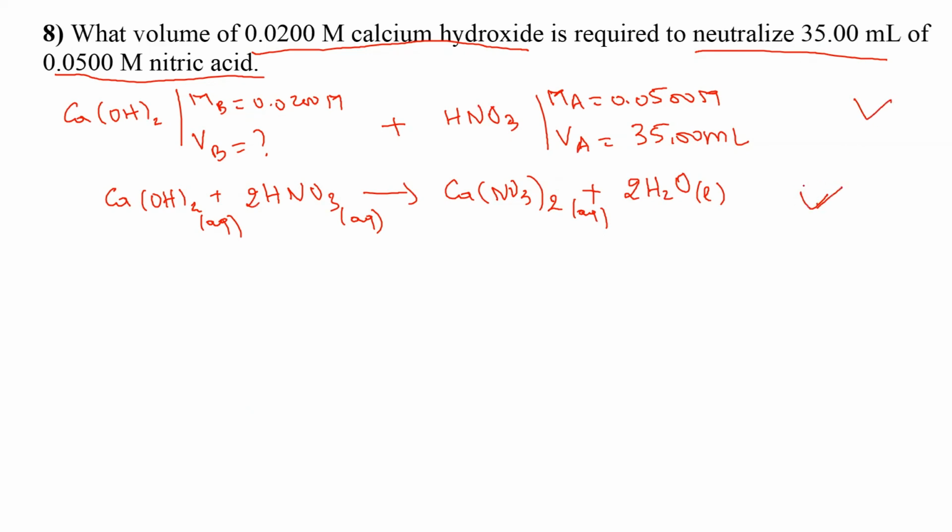We know that at the neutralization point, MBVB over 1, which is the number of moles of calcium hydroxide, should be equal to MAVA, which is the number of moles of nitric acid, divided by 2. Our unknown here is VB. So you know that VB will be equal to MAVA divided by 2 times MB.